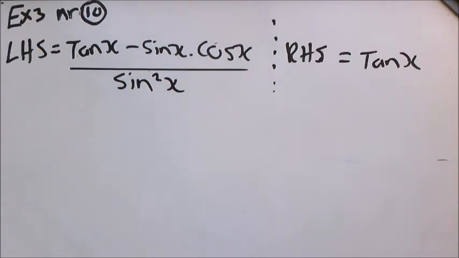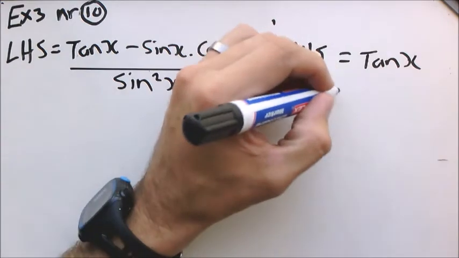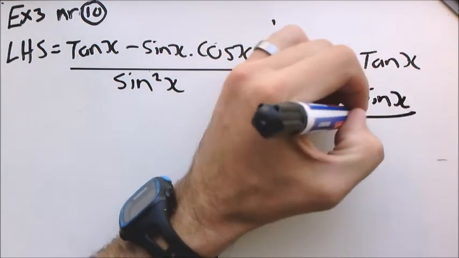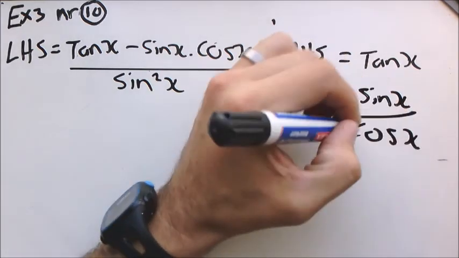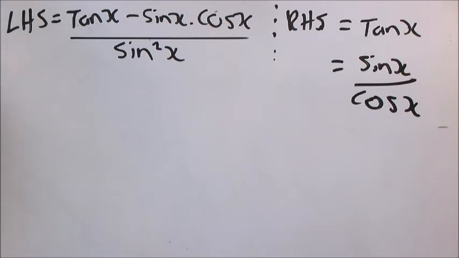Okay, number 10, the last one for this video. The right hand side is equal to tan x. We can write this down as sin x over cos x just to help us see what we're working towards. Okay, so let's work with the left hand side.